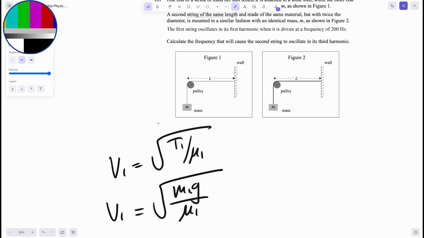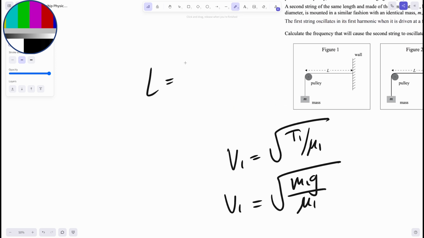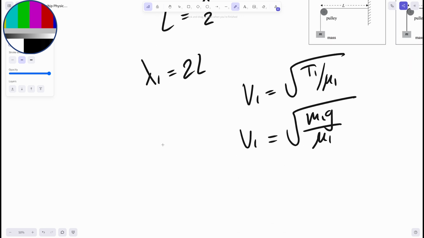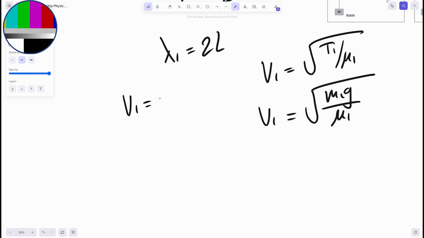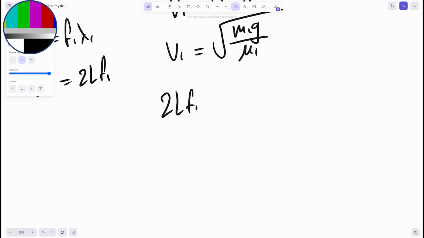Now, as the first string is oscillating at the first harmonic and we have nodes on both ends, we know that the length is equal to lambda over 2, and therefore the wavelength in figure 1 is equal to 2L. We also know that V1 is equal to f1 lambda 1, and so V1 is equal to 2L f1. So 2L f1 is equal to the square root of m1g over mu1.